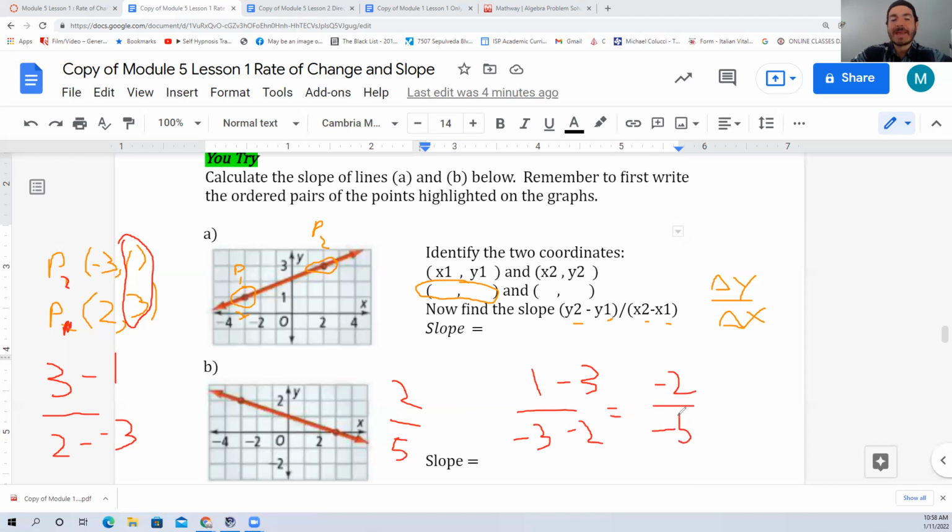But a negative divided by a negative is a positive, so I don't need those negatives. So I'm not even going to write them in anymore. I'm just going to say 2 divided by 5. And if you notice, that's exactly what I got when I had the coordinates the other way around. So it doesn't matter which one you label P sub 1 and P sub 2, as long as the coordinates are directly on top of each other, like I pointed out a moment ago. Okay.